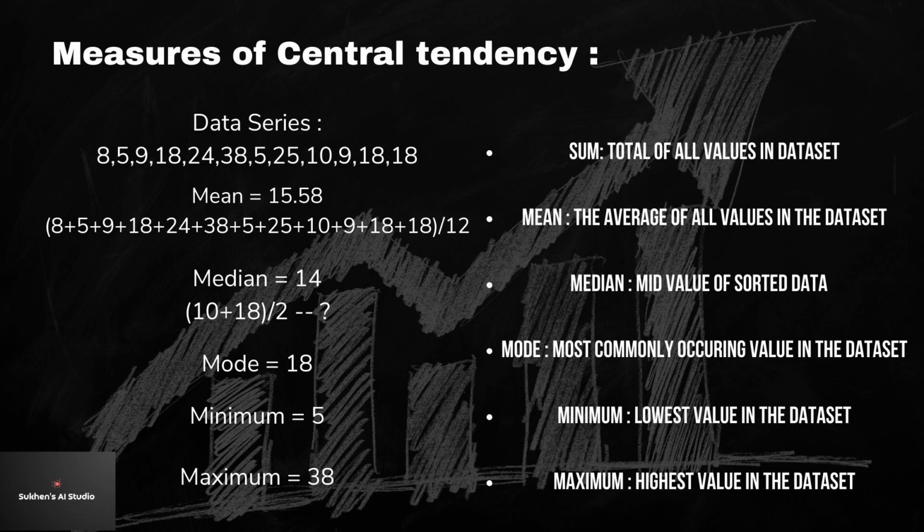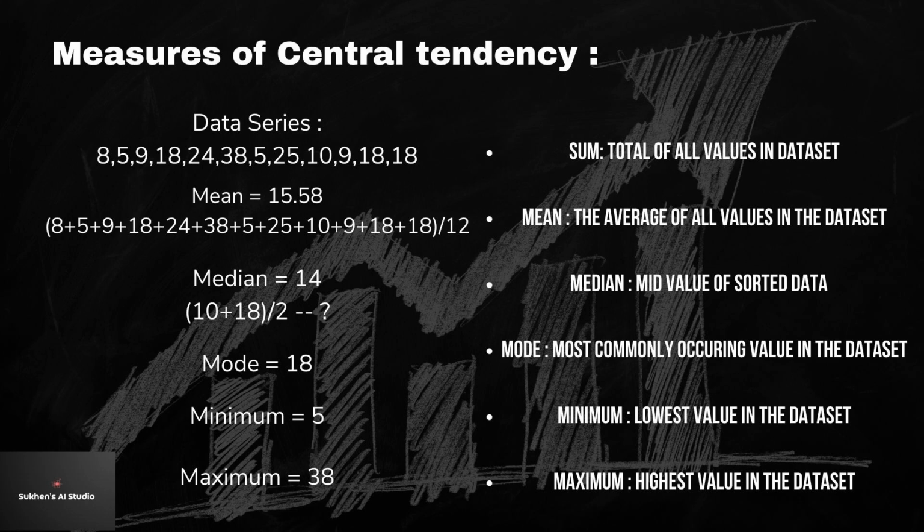Mean is nothing but the average of all data points. To find the average, we sum all the data points first and then divide by the total number of data points. Here we have 12 data points, so adding all of them, we get a sum of 187, which when divided by 12, gives 15.58 as the mean.